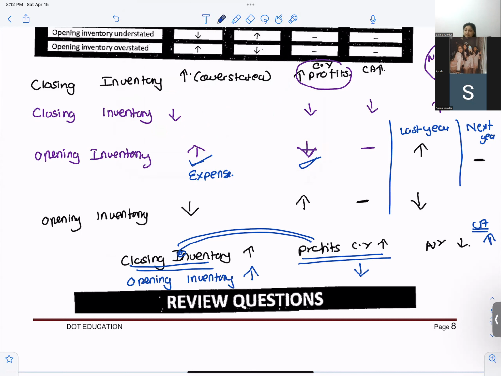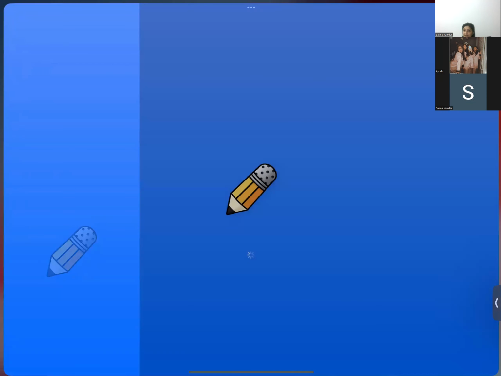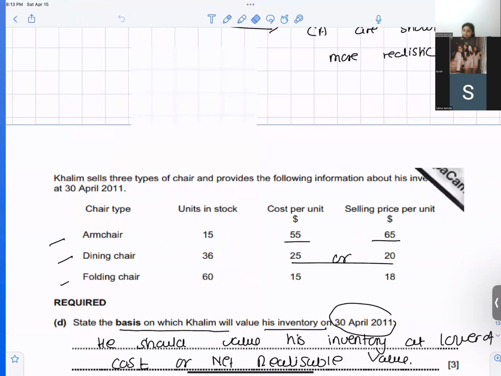The current assets will have no effect. Next year profit will have no effect. But last year's profit will be overstated. Opposite of this. Can we refresh and write it again together? Okay, fine.